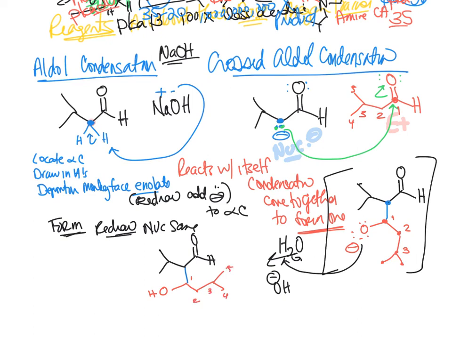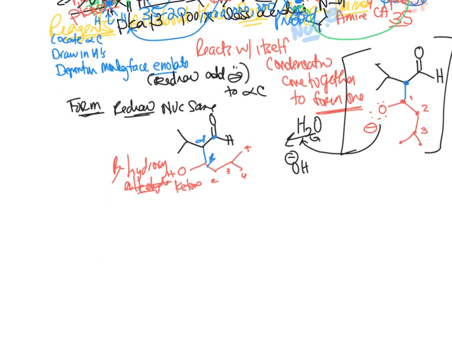This is called a beta hydroxy aldehyde. It could be a ketone, so it's kind of a beta hydroxy ketone, or it could be an aldehyde. The whole point is this is your alpha, there's your carbonyl, and this is your beta. So a beta hydroxy carbonyl.